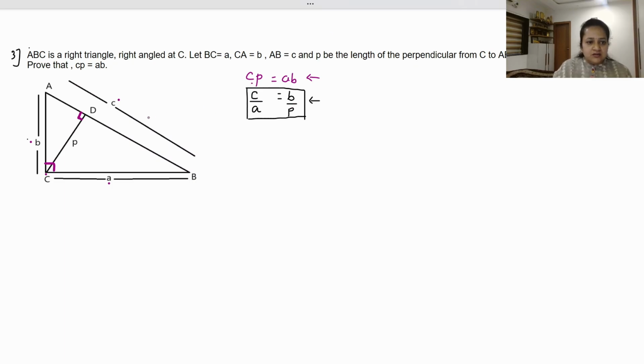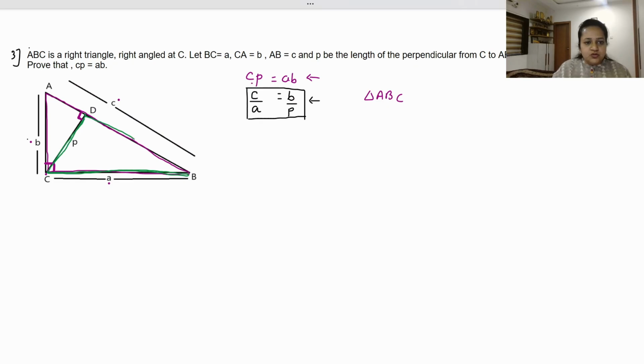So if we look at it, we have c. c is AB. So we have the first side as AB and the second side is b. Where is b? b is here, AC. That means if I complete the triangle, the numerator is talking about triangle ABC. Now the denominator is a. Where is a? a is here. And we have p. p is here.